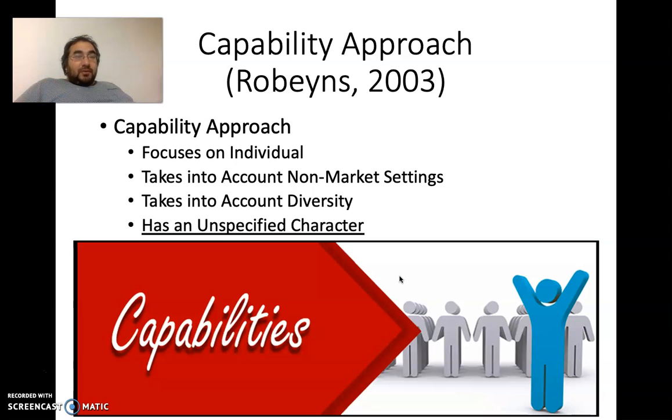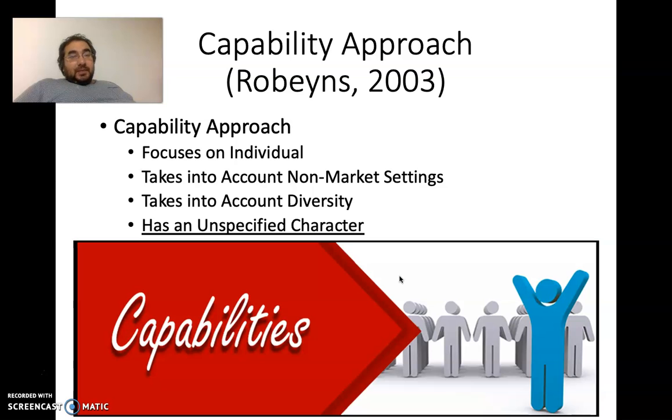There's a possibility for this approach to be used for those purposes. I mean, to verify the results people want to verify. But this unspecified character, if a proper research is used with this approach, might also be kind of an advantage according to Robbins.